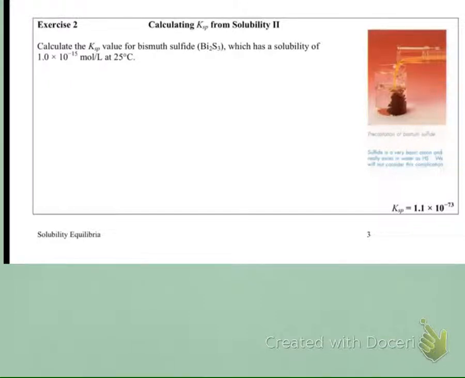If we want to calculate the KSP from solubility for the second type, we are given, in this case, a more challenging compound, bismuth sulfide. We can write that bismuth sulfide, Bi2S3, which is a solid, will break down in solution into two ions.